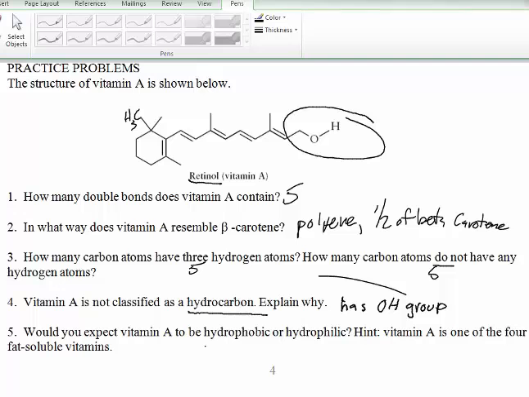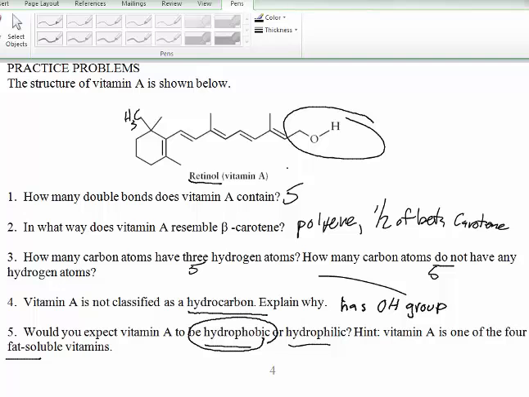Would we consider it to be hydrophobic or hydrophilic? And the hint says vitamin A is one of the 4 fat-soluble vitamins. Fats are made of nonpolar molecules, so oily, and so we would expect it to be hydrophobic or water-fearing. And some of you might say, well, it has an OH group here, so shouldn't it be hydrophilic?